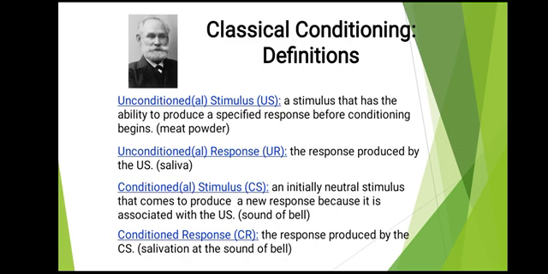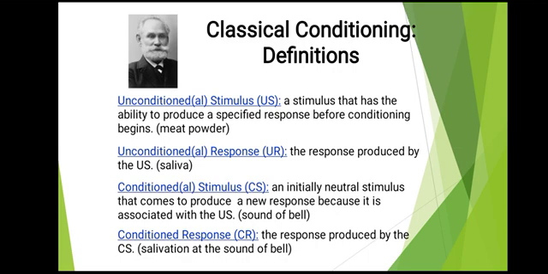In the initial trials, the dog was producing saliva after seeing the meat powder. So when the dog was producing saliva after seeing the meat powder, that is called the unconditioned response. When the dog was producing saliva after listening to the bell, that is called the conditioned response.